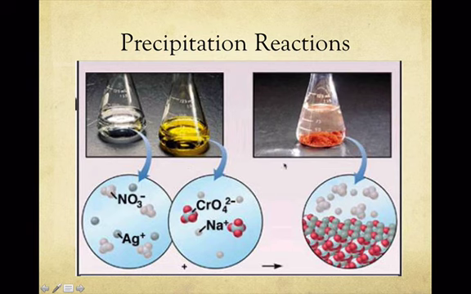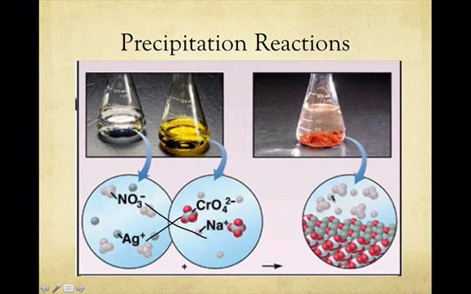When we pour those two together, though, we end up with this solid down here. If you were to use your solubility table, it's either going to be sodium nitrate or the silver chromate. That's your solid over here, because that's what happens in these double replacement reactions. But you would be able to tell that the sodium nitrate stays in solution.